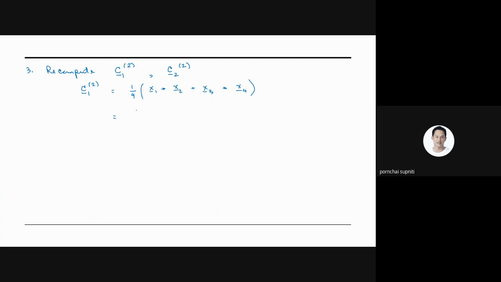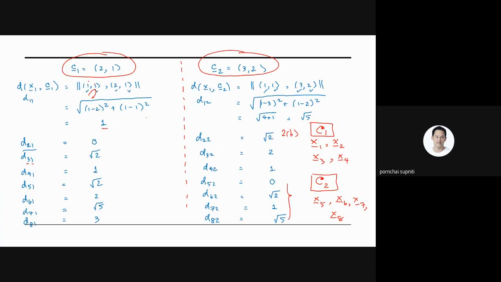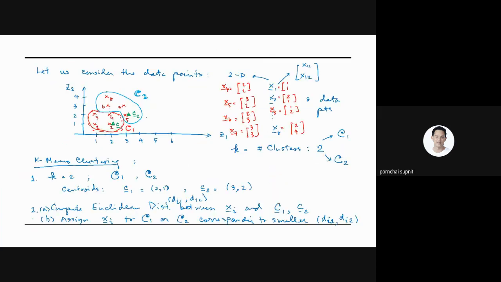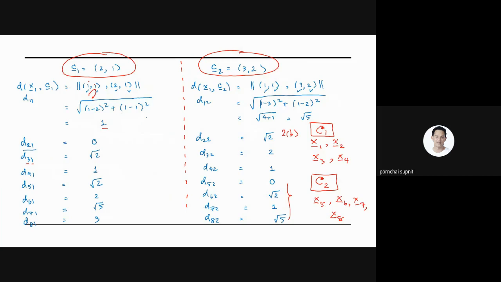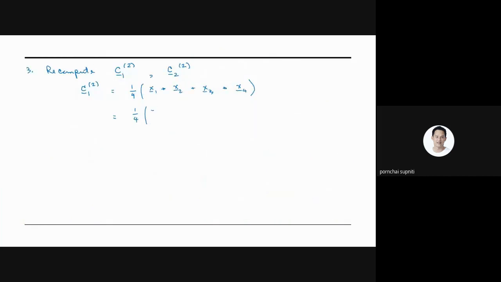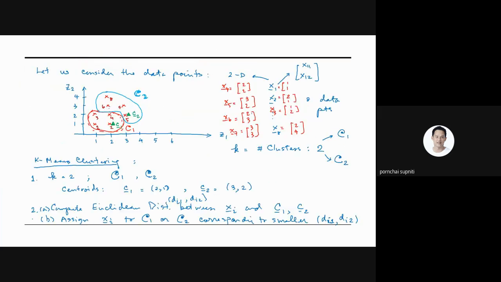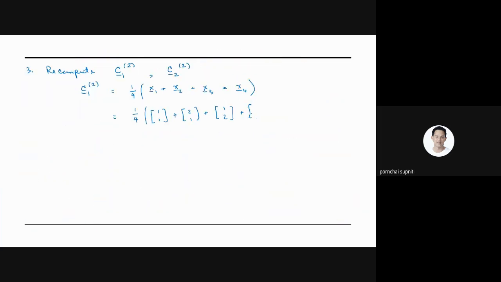If you compute it out, you get something like 1.5 and 1.5, but let me show you just for fun. What is x1? x1 is 1, 1. x2 is 1, 2. And 1, 2, and then plus x4. What is x4? x4 is 2, 2. This will be the new centroid.